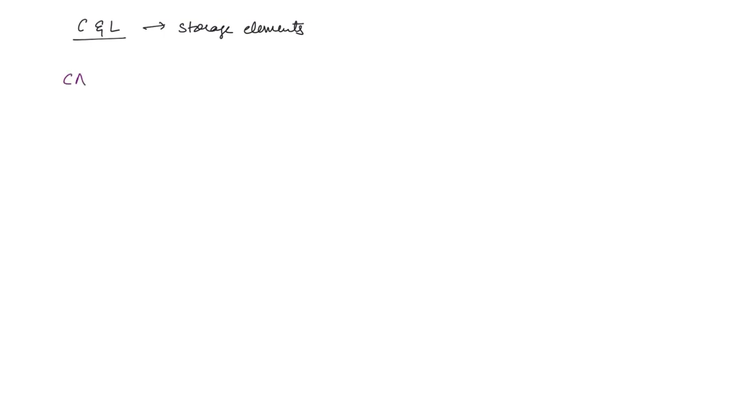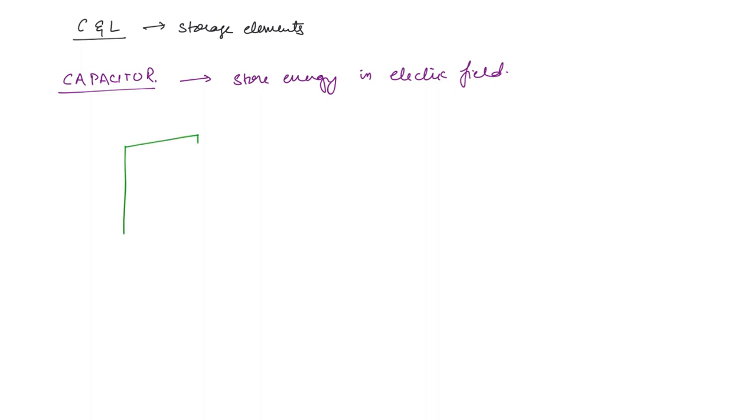First we will start with capacitor. A capacitor can store energy in the electrostatic field. Now there are different kinds of capacitor, and the basic form is the parallel plate capacitor.